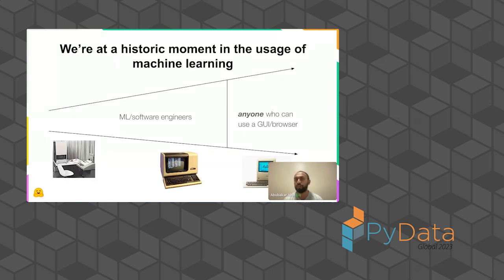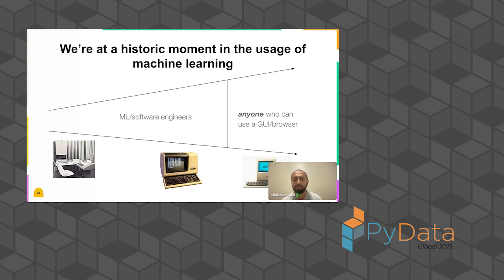Anyone can use it through a GUI. We've seen many examples of that. Things like Dolly Mini, Stable Diffusion, ChatGPT. All of these machine learning models go viral because they're actually used and intended to be used by all of us. Anyone really, not just machine learning specialists, but anyone who can use a GUI or a browser.